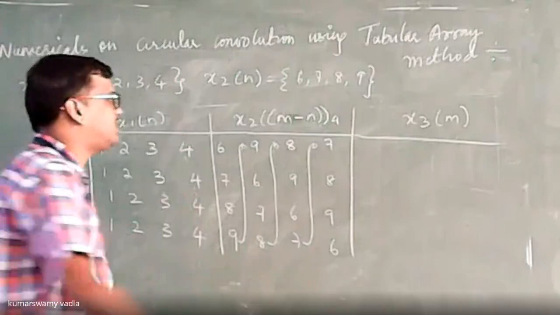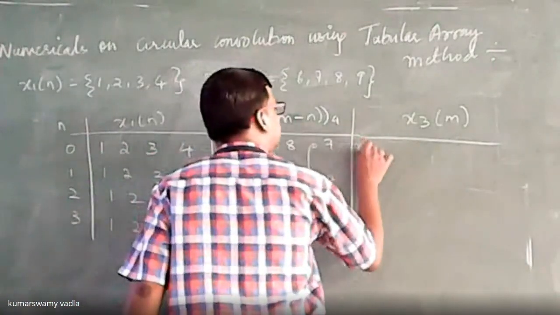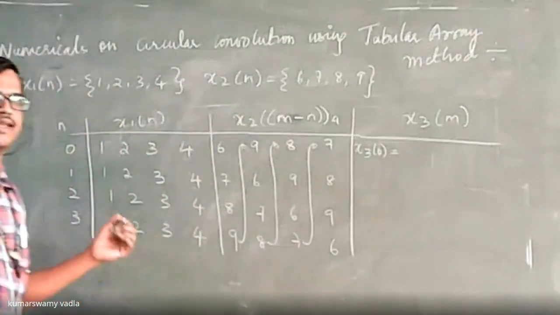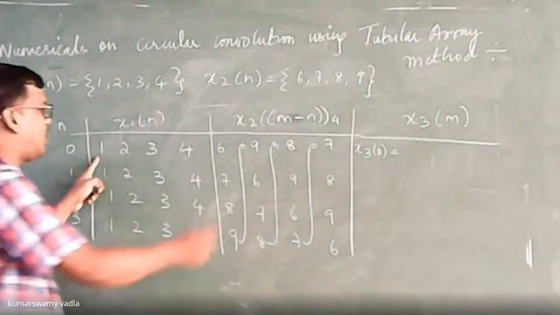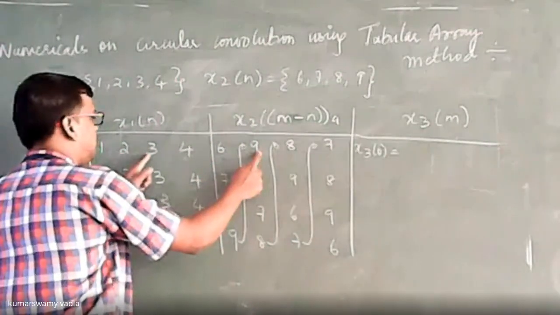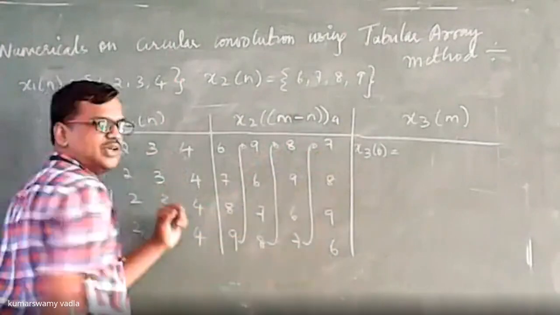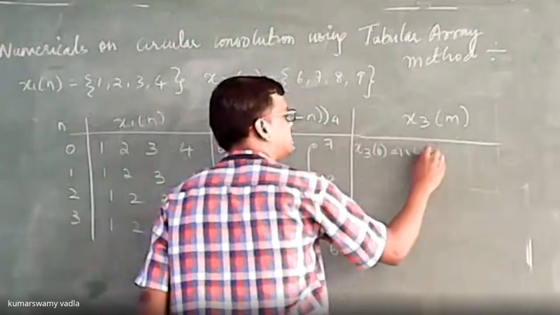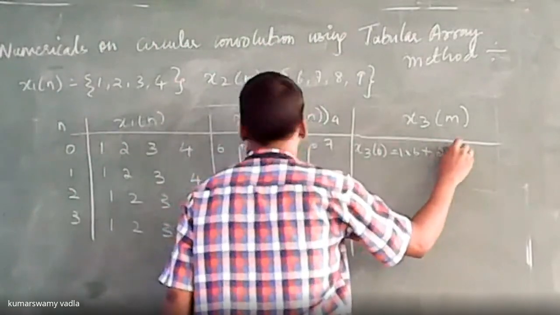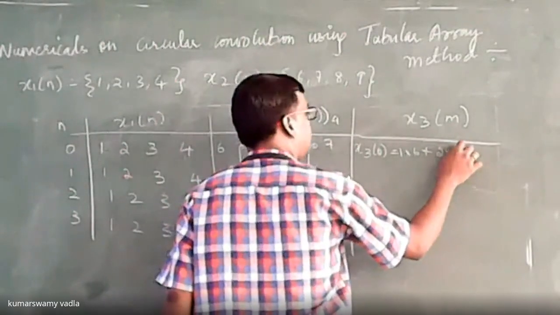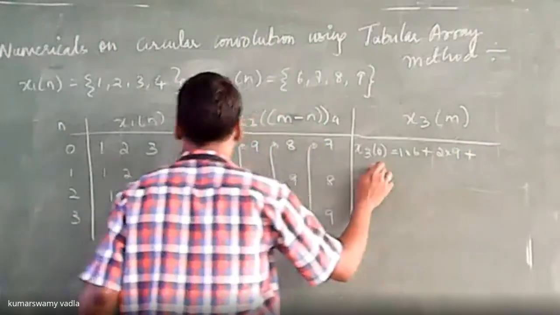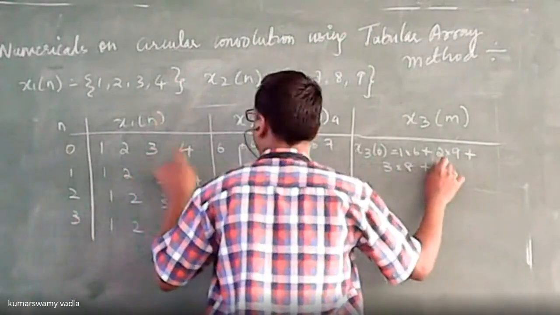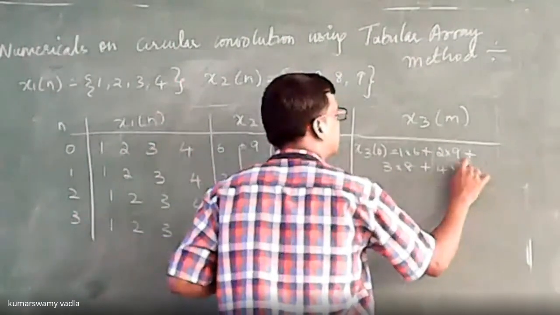Now, having this, x3 of 0 is equal to, you need to multiply these two, students. 1 into 6, 2 into 9, 3 into 8, 4 into 7. That is 1 into 6 plus 2 into 9 plus 3 into 8 plus 4 into 7.